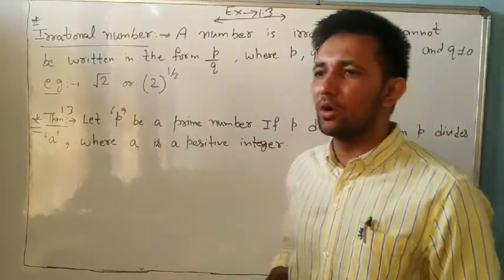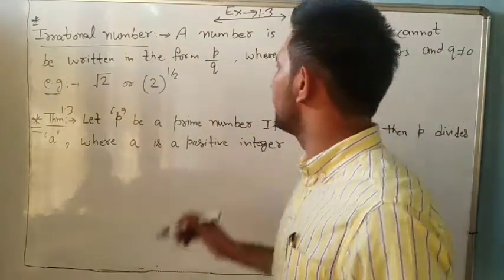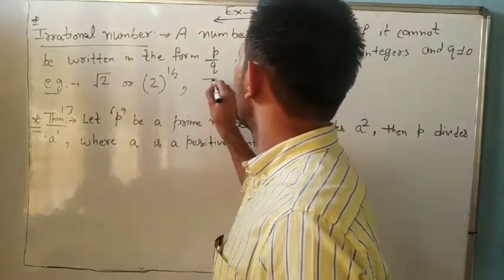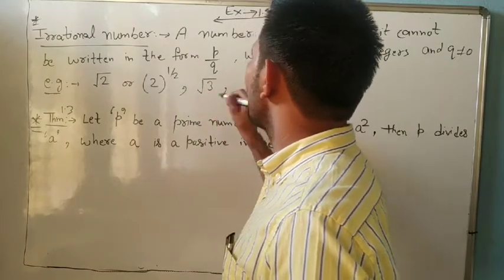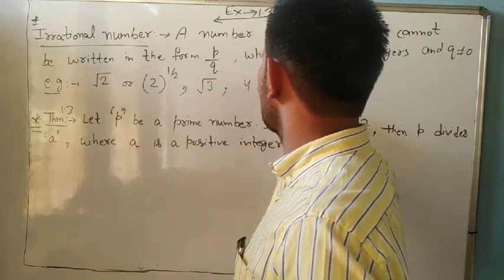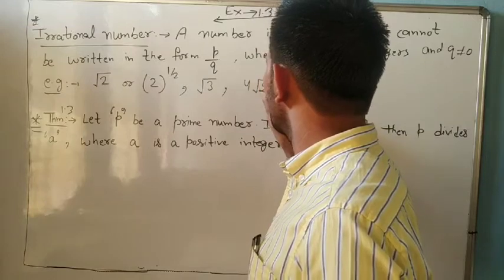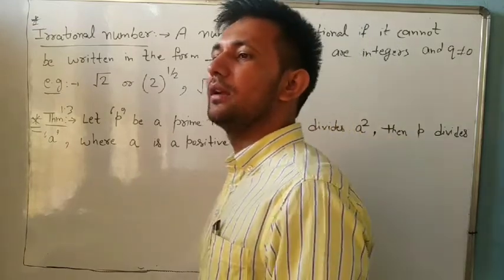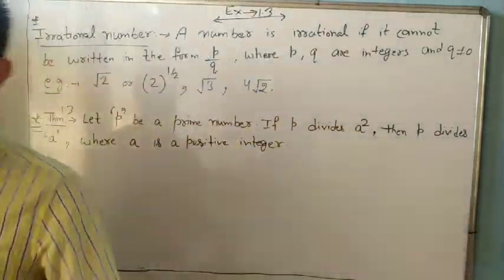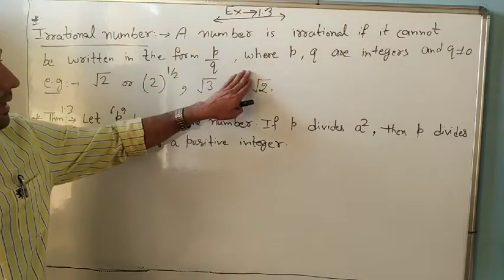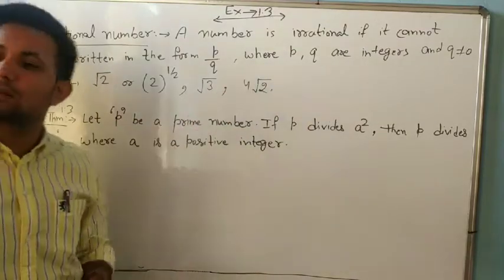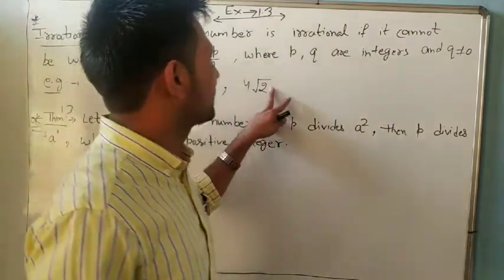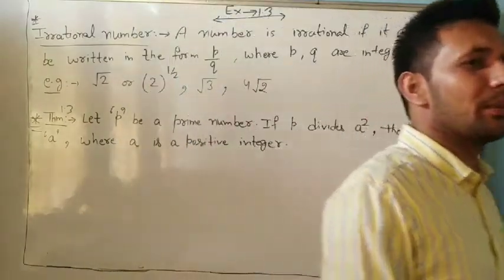Square root always means power 1 by 2, and square means power 2. Or root 3. You can also write 4 multiplied by root 2. It is also an irrational number. An irrational number multiplied by any number is always irrational. So there are infinite irrational numbers.